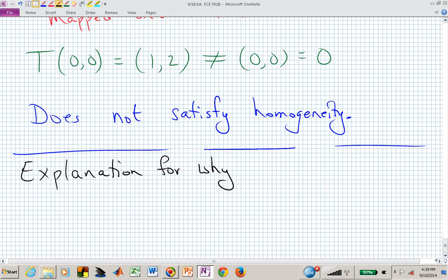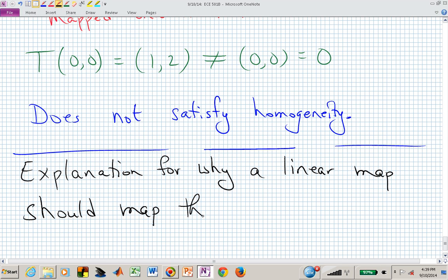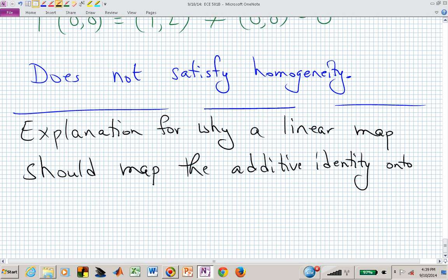A linear map should map the additive identity onto itself.